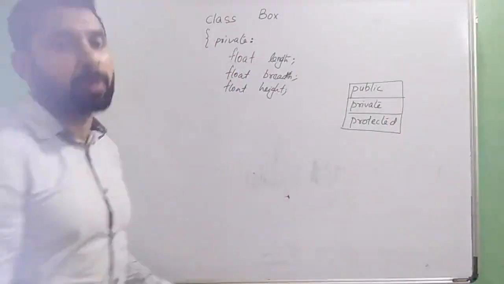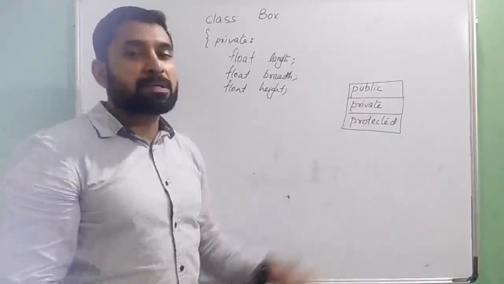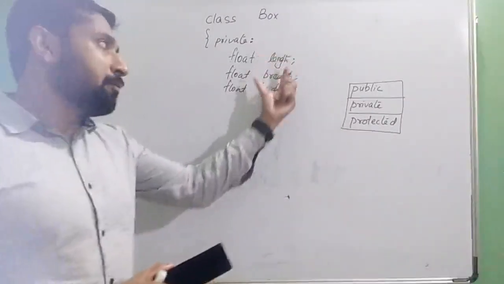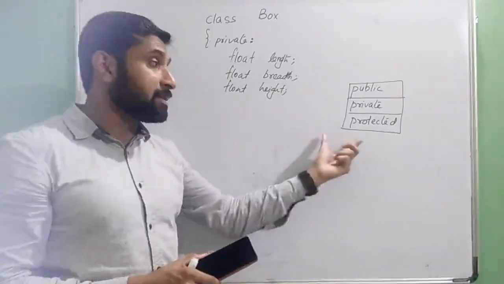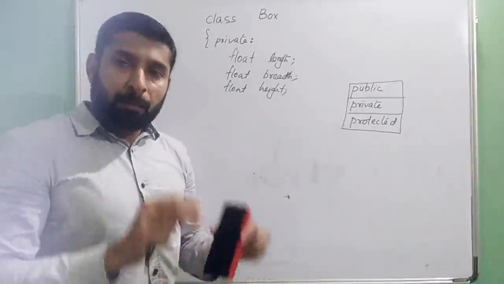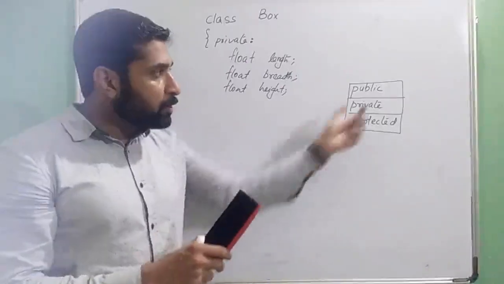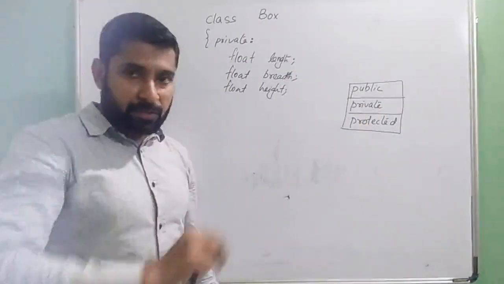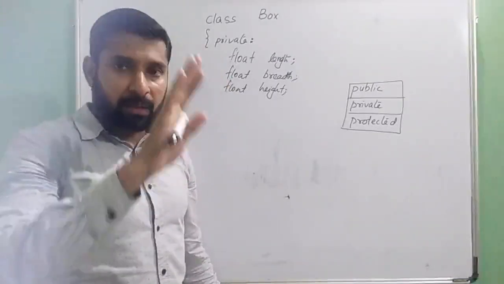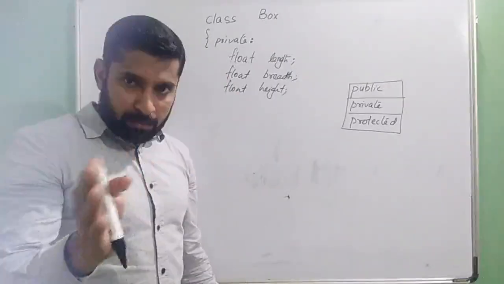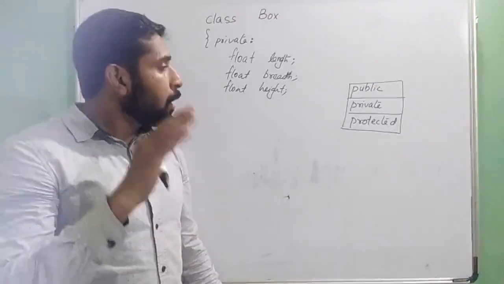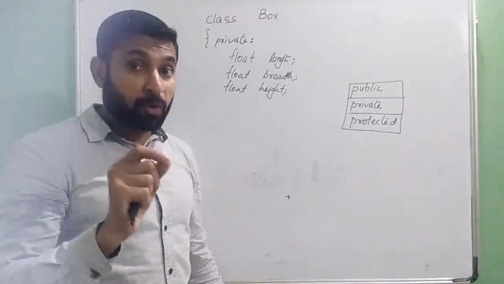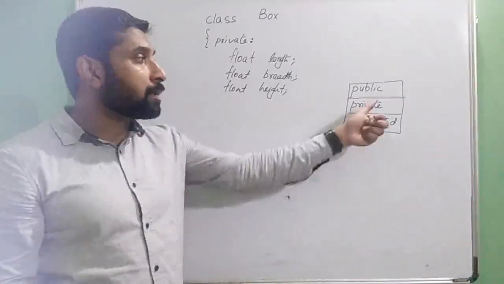These keywords determine the accessibility of the variables and functions inside a class. By default, if you are not using any access labels, all the elements, whether variables, data members or member functions, all become private. By default, the access level is private.